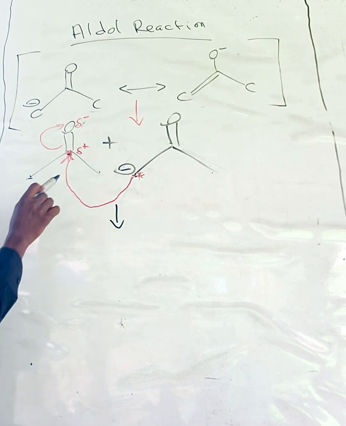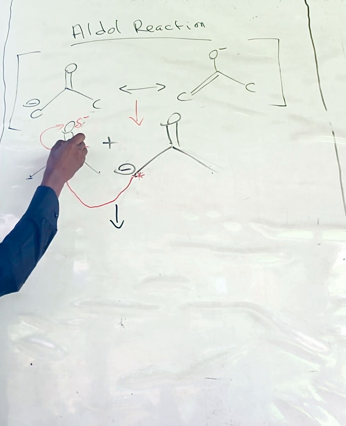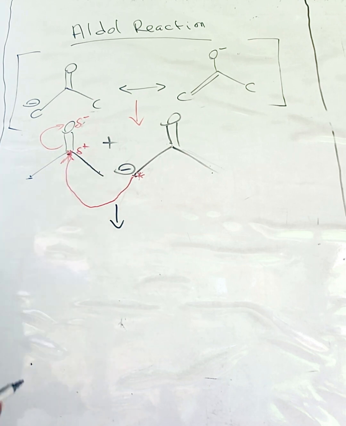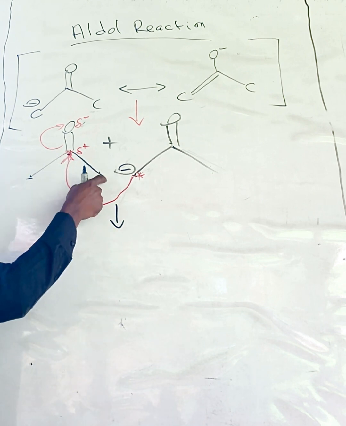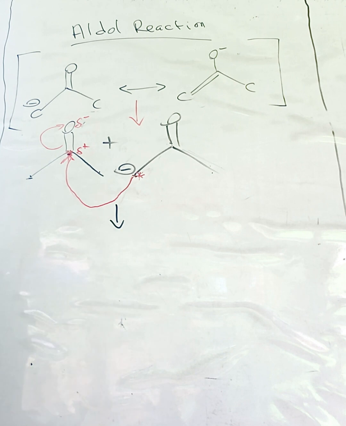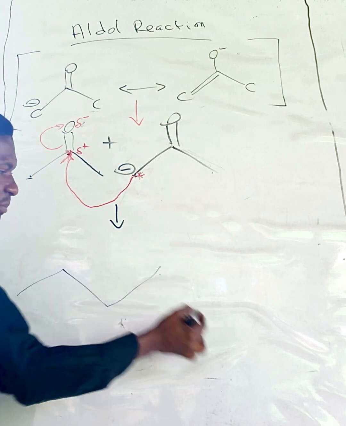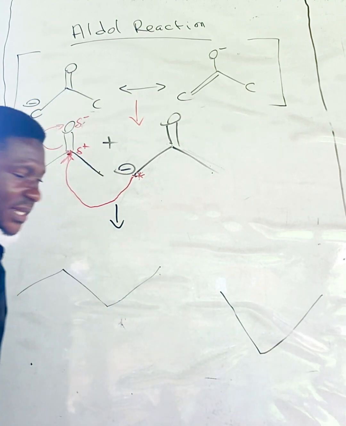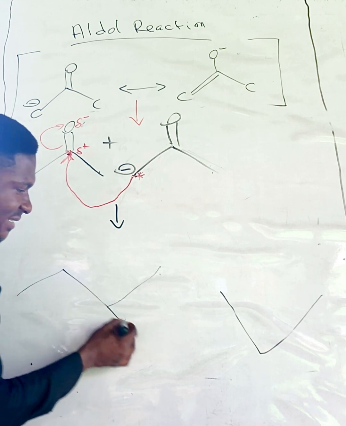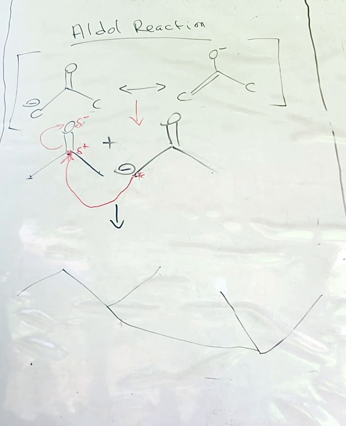You realize that I didn't count this particular carbon or this particular bond. Why? Because this bond was not connected to this system. You have a connection, there is a break, another connection, there is a break, and then you ended up connecting this to that. So if I want you to count the total number of carbons within your connection, we are counting the straight line and not the substituents.